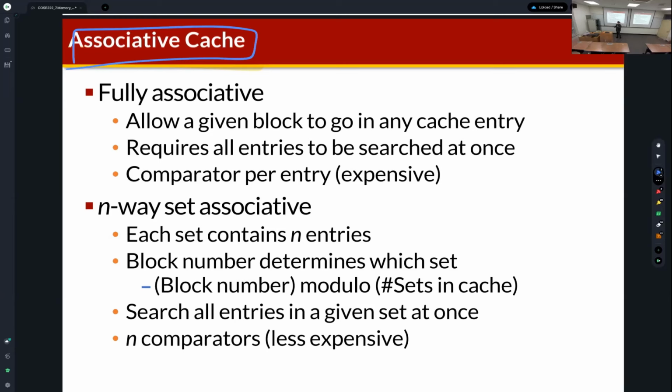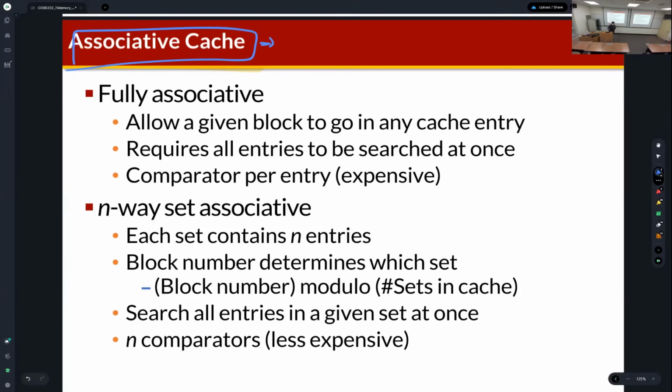If you are interested in CPU specifications, you can check the specification of Intel CPUs. Then you can find the level 1 data cache. The size is 16 kilobytes and 8-way.